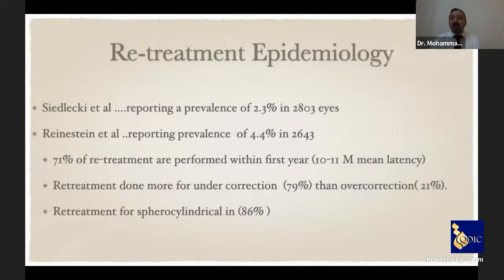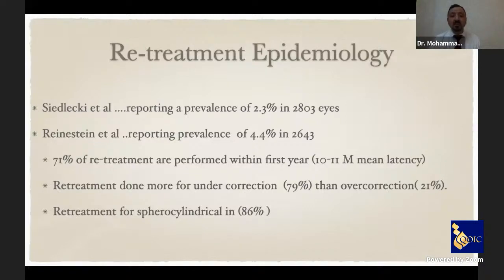But now we need to go to the real life data. All these factors result in a percentage of patients in whom we need to intervene. What is that percentage of patients? Sidleski et al. reported a prevalence of around 2.3% in a group of 2,800 eyes.